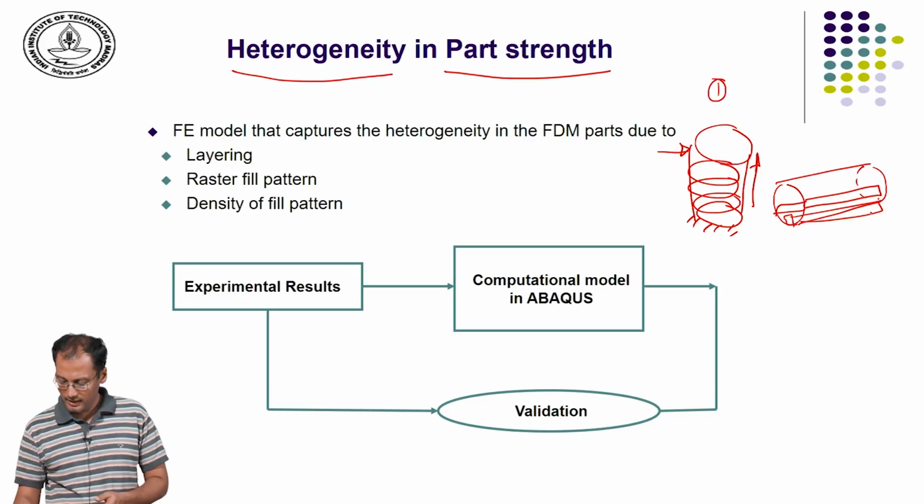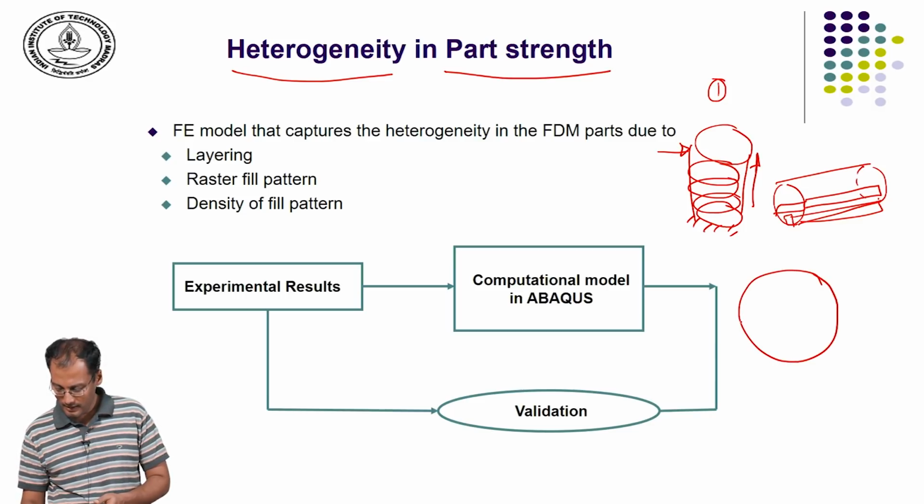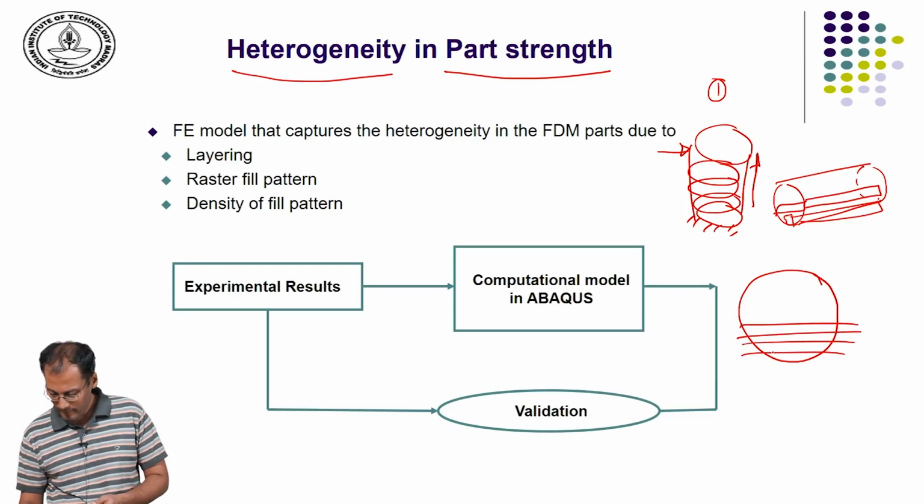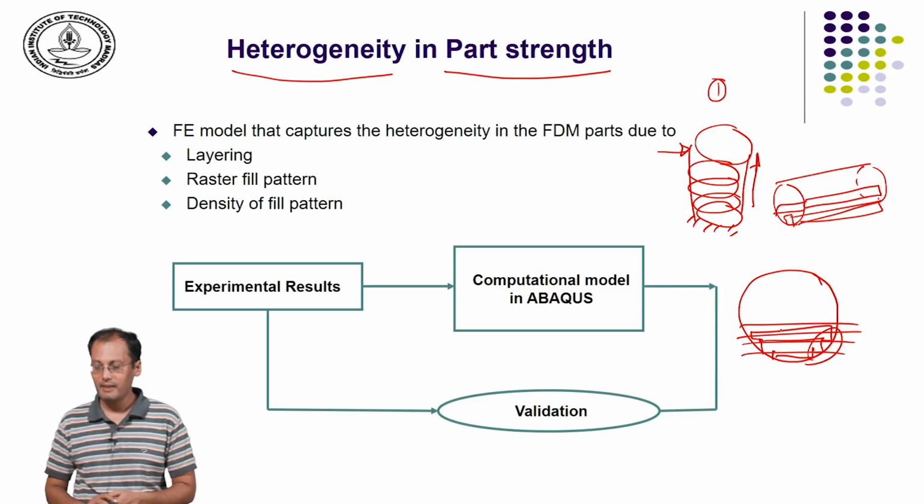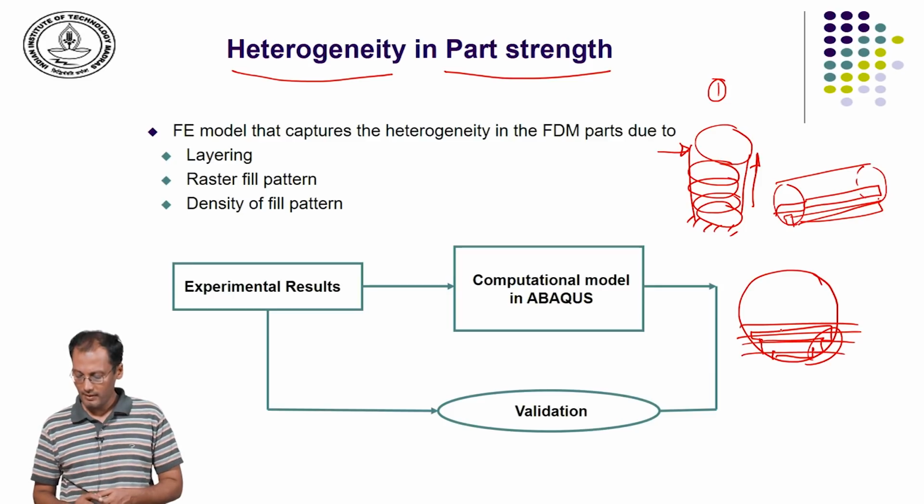But if we take the other orientation, the surface finish will be bad, because if you take a particular cross section, this is being built in slices like this. So, you will see that the staircase effect will be there, thereby causing deviation, and the surface quality will be compromised.